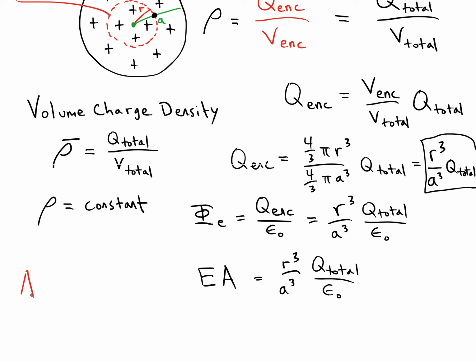Alright, for our Gaussian sphere, the surface area will be 4 pi r squared.